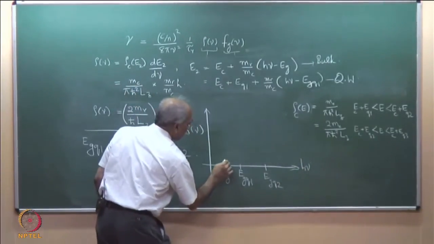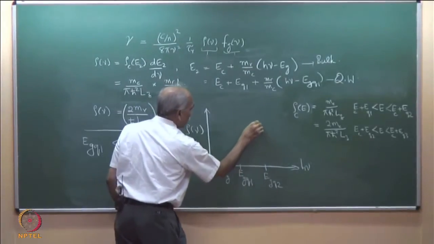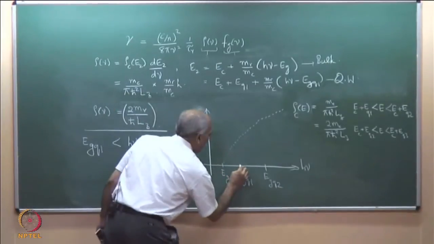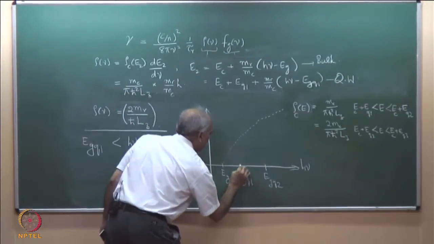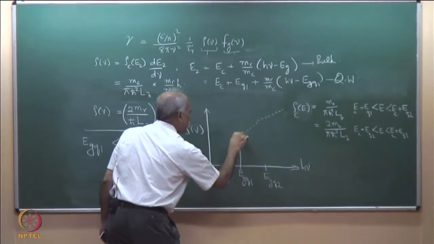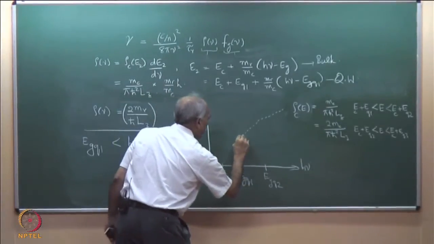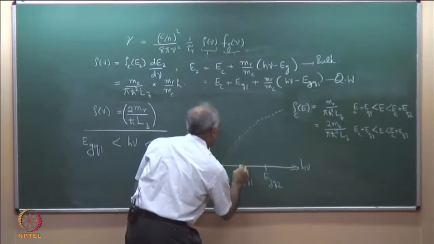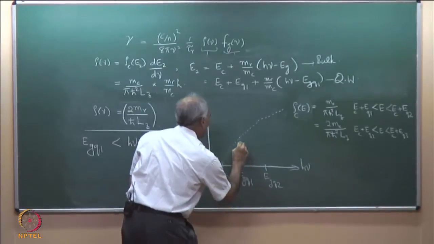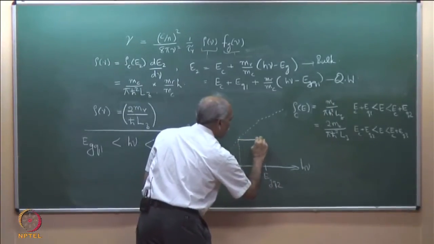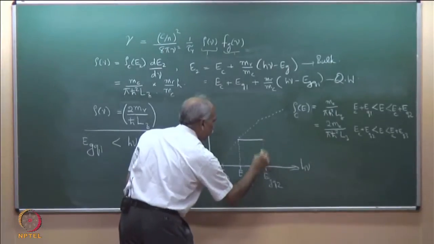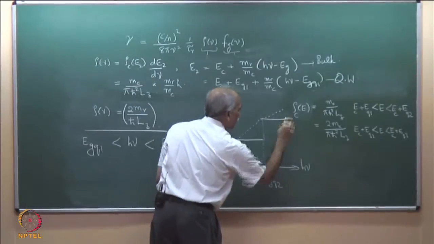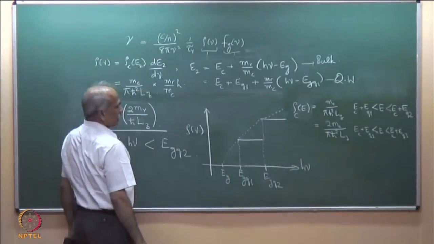For the bulk, there is an x to the power of half dependence. So, we have a constant here, so the density of states is constant up to Eg Q2 and then jumps up again, remains constant up to Eg Q3.